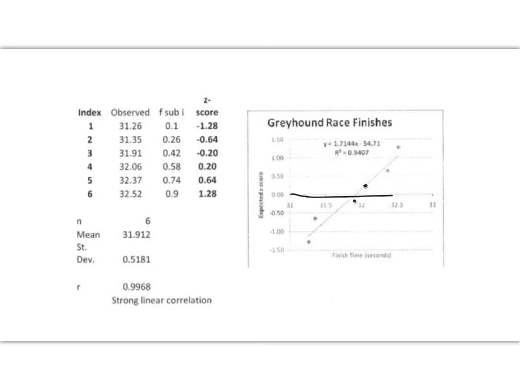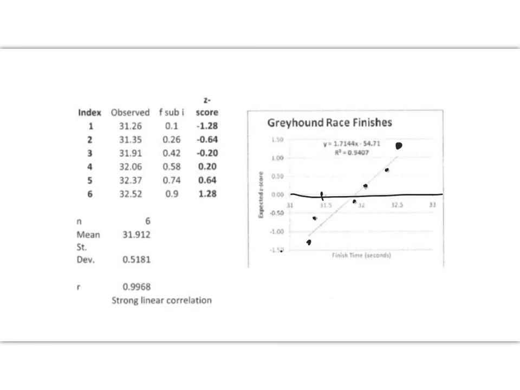This is my x-axis, finish times. I have 31.5, 32, 32.5. That's my scale. So these values are plotted. These are the x values, and these are the y values. This is my second. This was the index of 2, index of 3, index of 4, index of 5, and my index of 6 is up here.